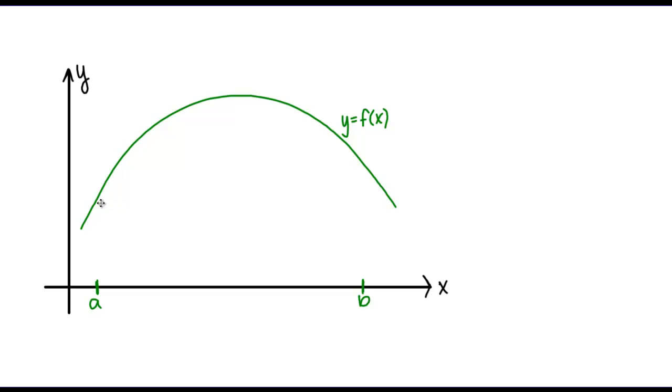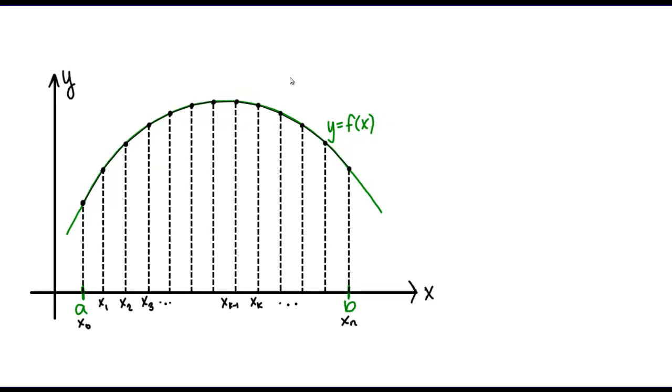So to start, I'm going to consider some curve f of x between x equals a and x equals b. And like I did when deriving the arc length formula, I'm going to divide this interval up into even subintervals, like so. And each subinterval will have width delta x equals b minus a over n.